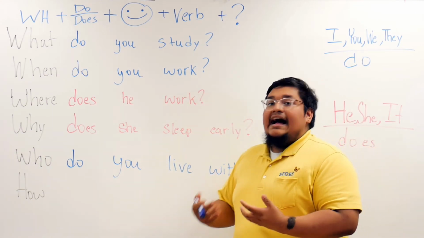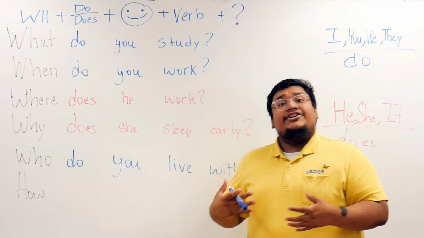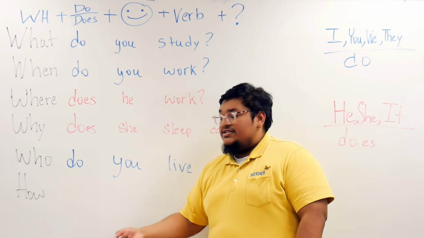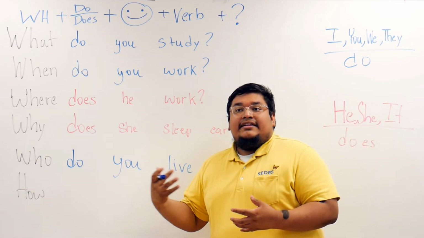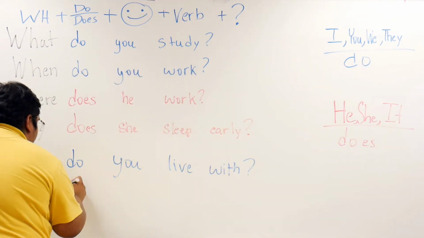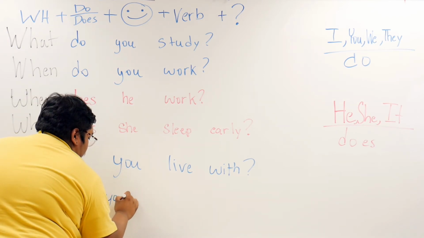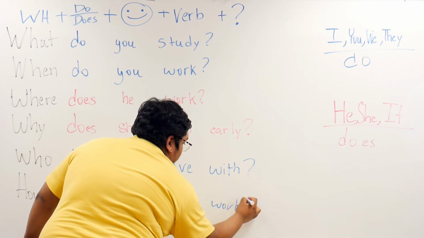And now let's see how. How is wanting to know the process, okay? How is different from who, because who is a person. How is wanting to know the process of something that got done. So I can say, how do you get to work?